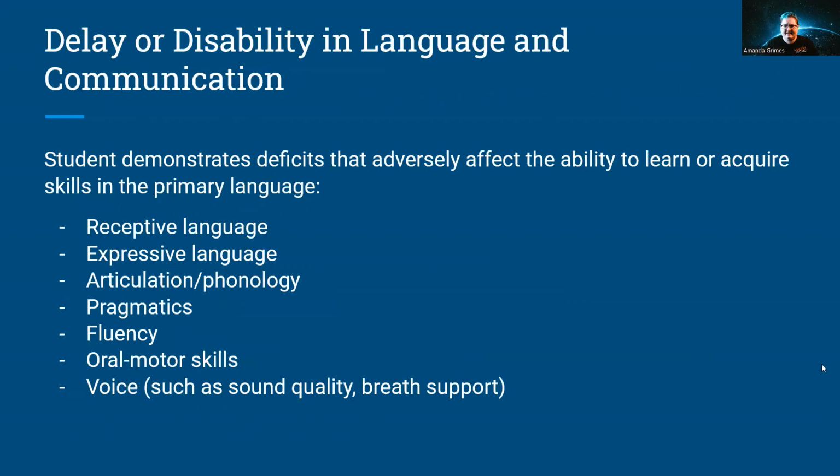There's the delay in communication and language, which is the use and acquisition of language, the fluency of communication, the oral motor skills. So the entire physical mechanism of speech and the voice and quality of the voice.